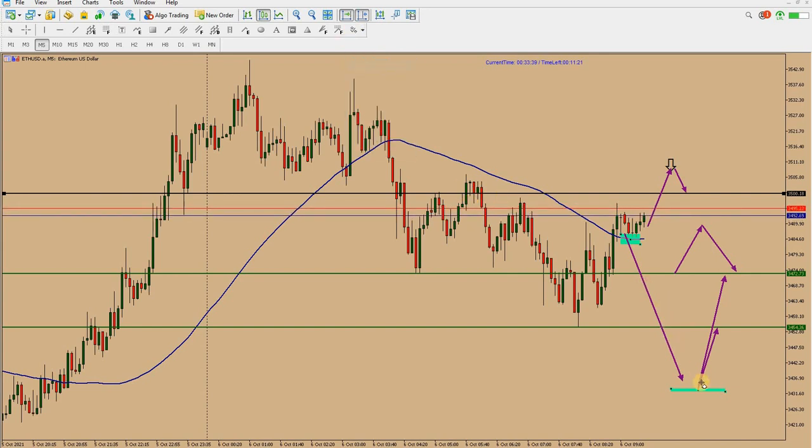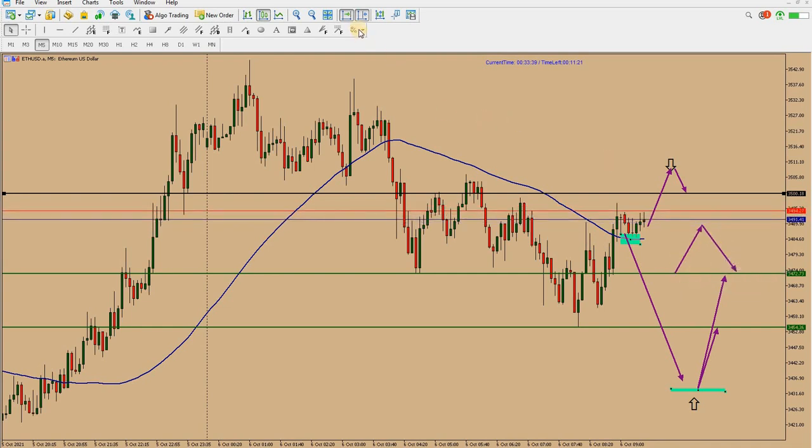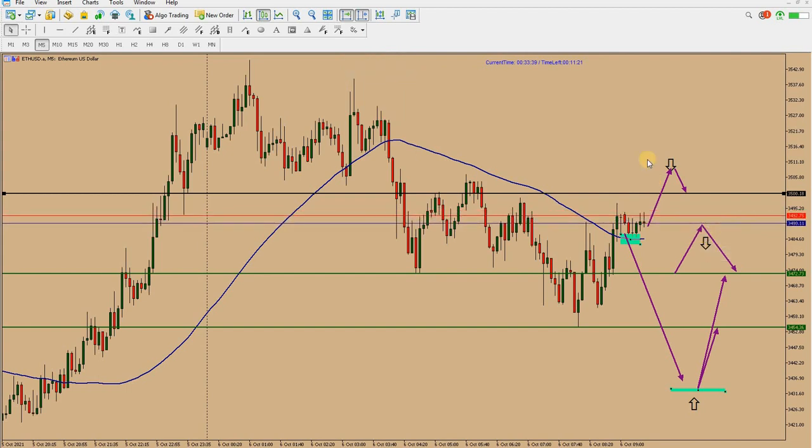Now I just mark this area in case in future we can actually buy to this level and this level, and if the price goes above these two lines, we sell it. So I just mark it up again, to see what's going to happen around this area.